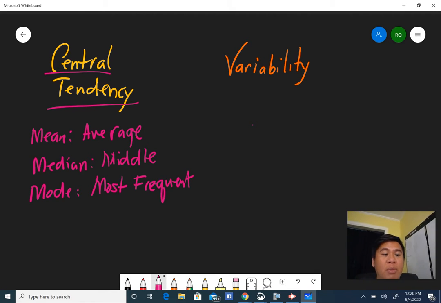In some cases, the mean, median, and mode are the same, in which case we will say that the distribution of the data set is what we call a normal data distribution.